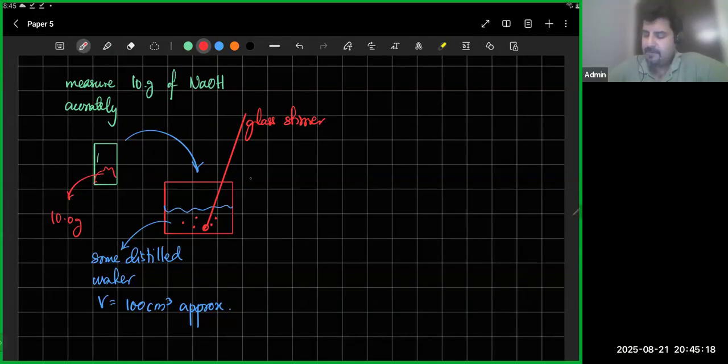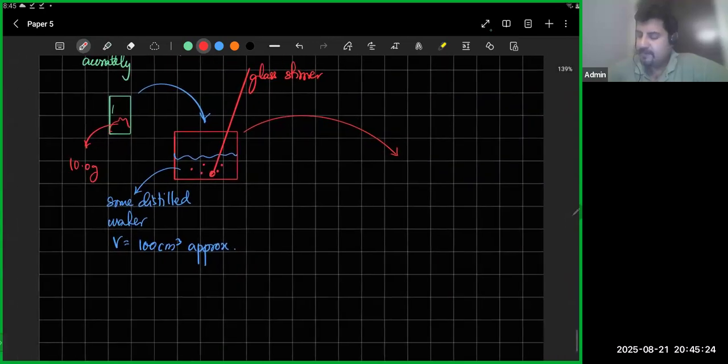Once that has happened, I'm going to then transfer all the solution into a volumetric flask.